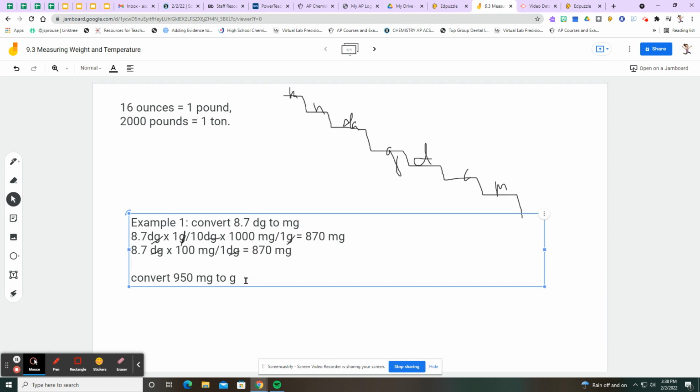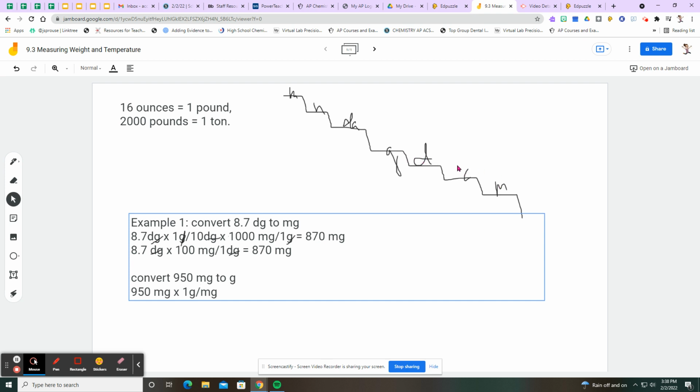All right, so now my next one is a little bit easier because it's just milligrams to grams. So I'm just going to go straight down. 950 milligrams. Okay, if I have milligrams in the top, that means I want milligrams in the bottom of my unit multiplier. Okay, so I'm going to put grams in the top, milligrams in the bottom. That way I've got numerator, denominator, they'll cancel out. Then I look and I think, okay, grams is bigger, so grams gets the 1. And then I look, how many spaces did I go down to get to milli?